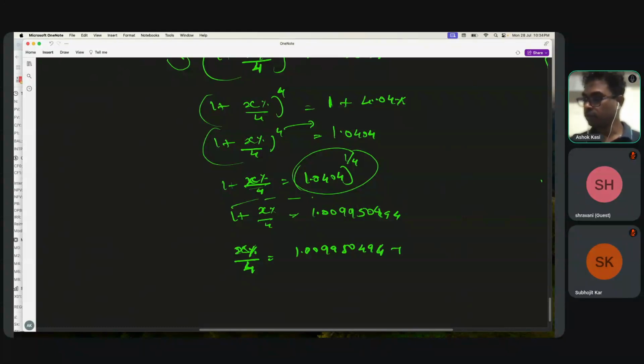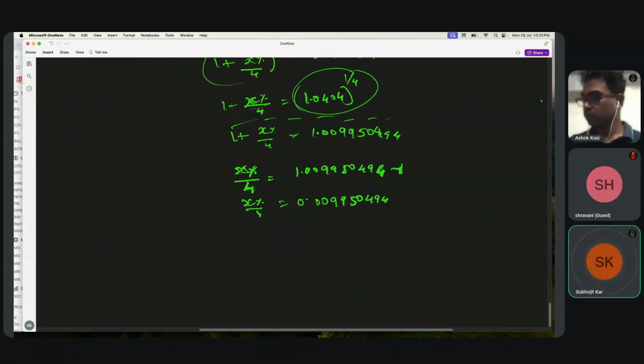I'm shifting this to the right hand side. So that will be 0.009950494. Times 4 will get us 0.0398.